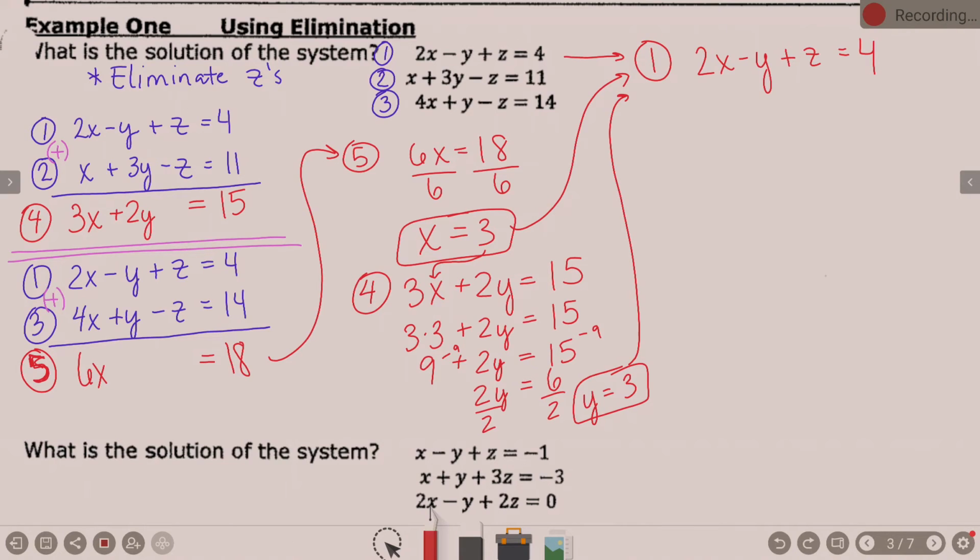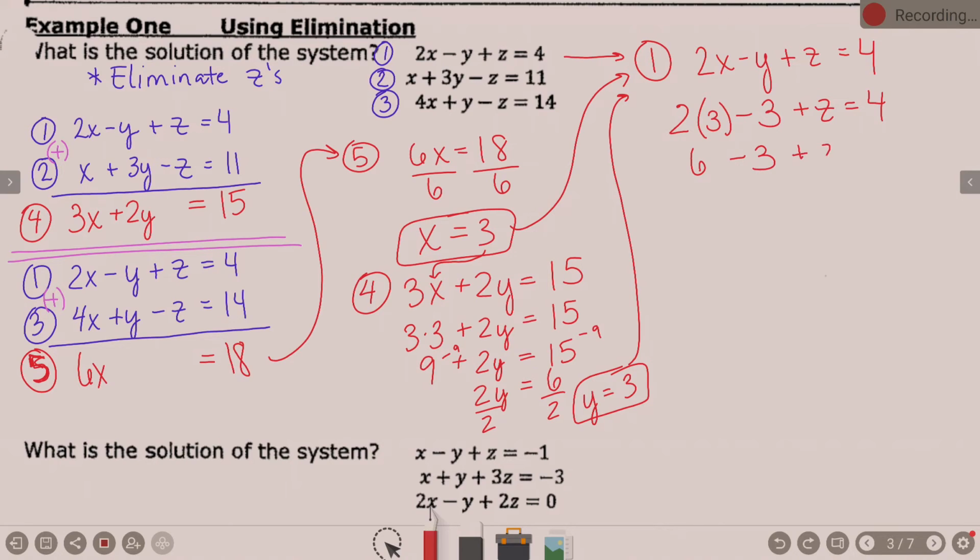Okay, so 2x means I'm going to write 2 times 3. Minus y means I'm going to say minus 3, plus z equals 4. Two times 3 is 6.